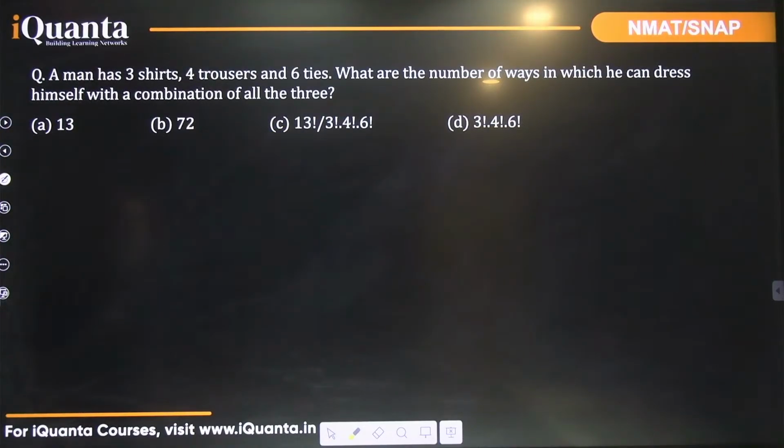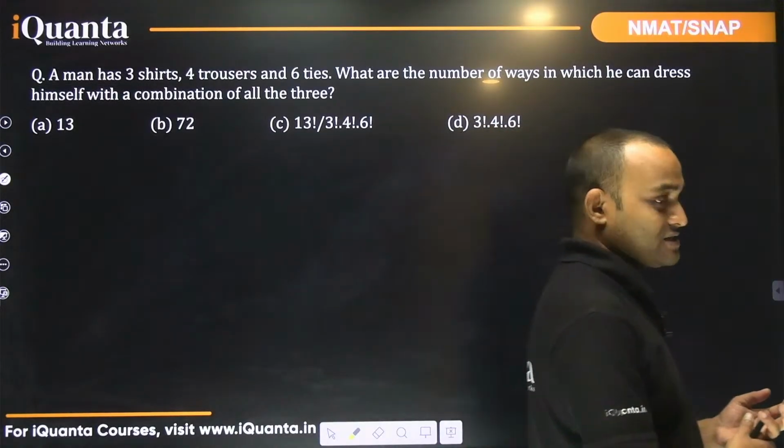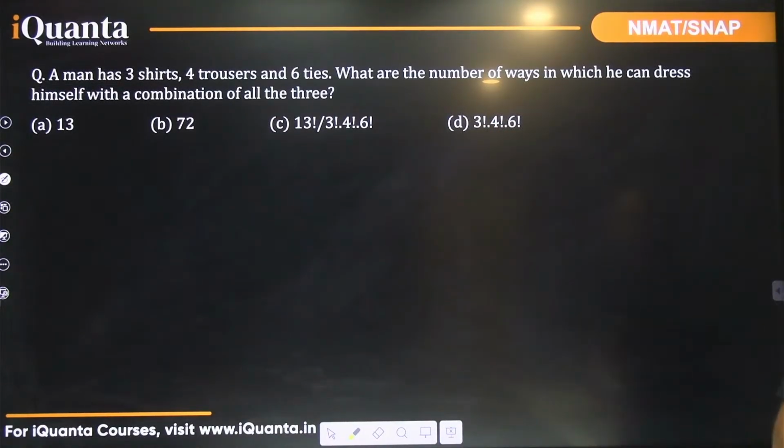Then comes this question: a man has 3 shirts, 4 trousers and 6 ties. What are the number of ways in which he can dress himself with a combination of all the 3?